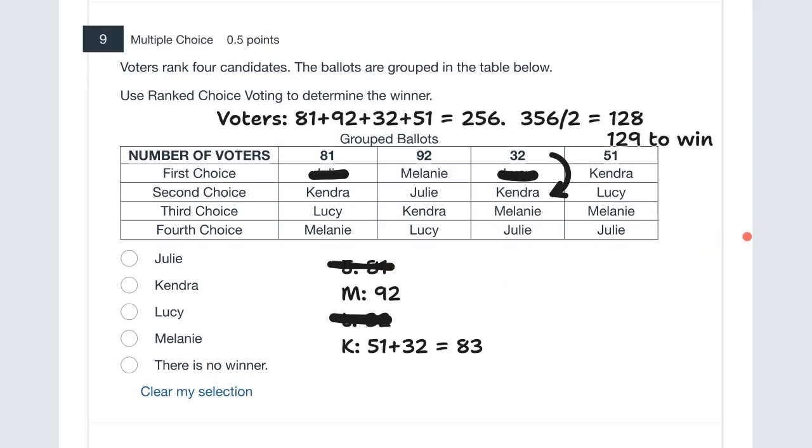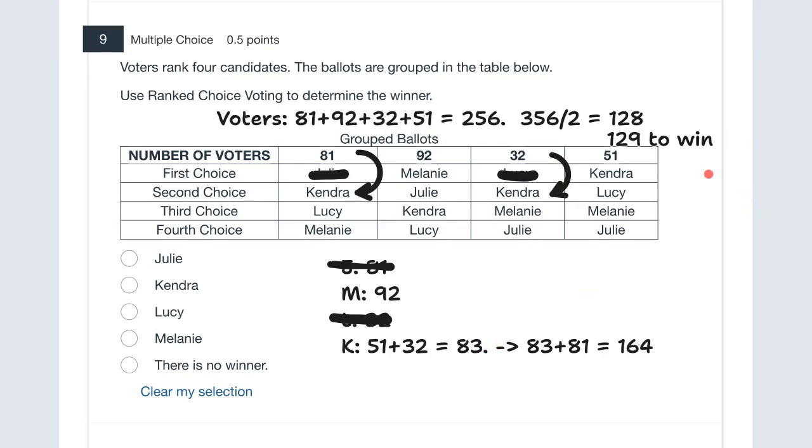And once we eliminate Julie, we see that her 81 votes go to Kendra, right? So now she has 83 plus those 81, which is 164.